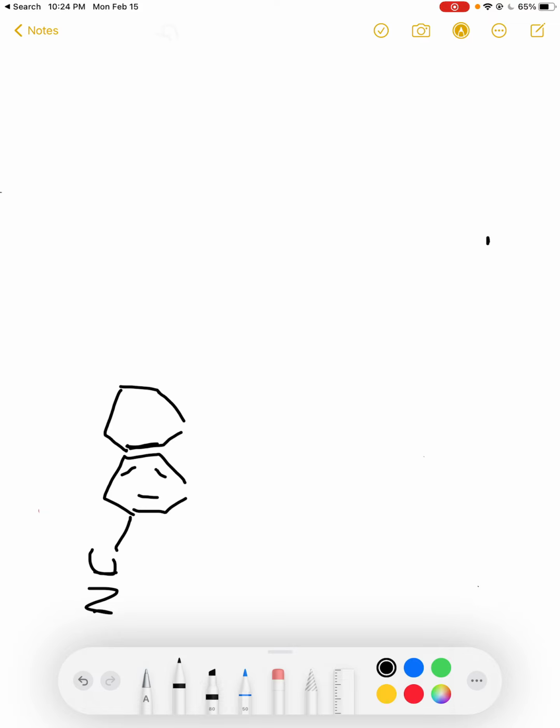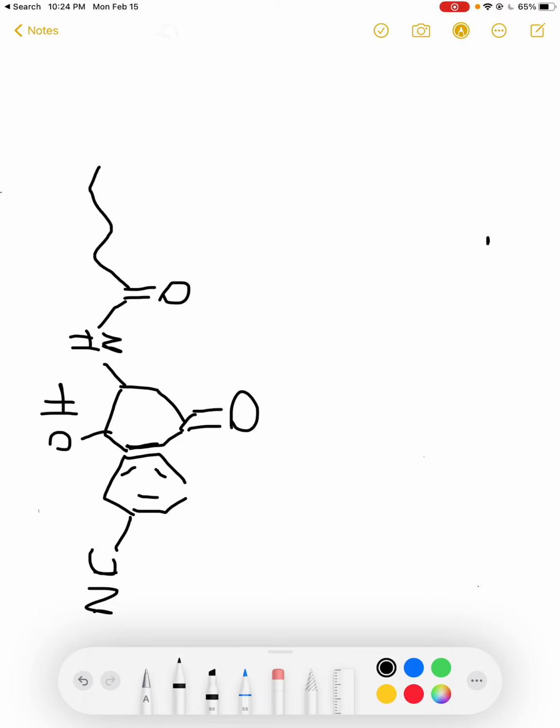Sorry, this is a horrible drawing, but I hope you guys get the gist of what I'm drawing. Connected to HN, which then connects to a double bond oxygen, right here. Okay, so this is what she gave us.